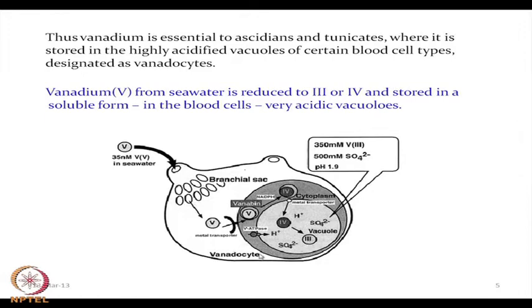So, for the entrance through this cytoplasm barrier, we need one metal transporter. Sometimes we call these regions receptor sites. This region can function as a gate which allows vanadium to enter the cytoplasm as vanadium 5 plus, and this 5 plus oxidation state is immediately reduced to vanadium 4 plus.